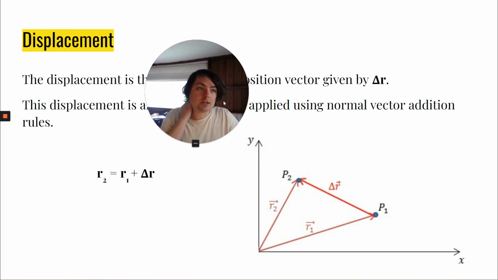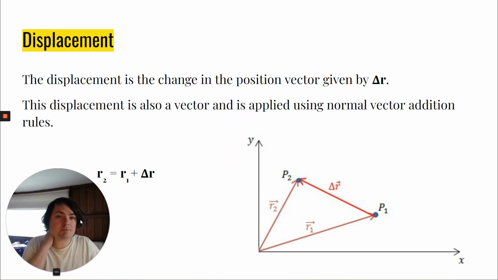Okay, so now on to displacement. So we've pretty much set up our problem. We have position vectors, we have time, but now we want to do things with them. So displacement. The displacement is the change in position vector given by delta r.